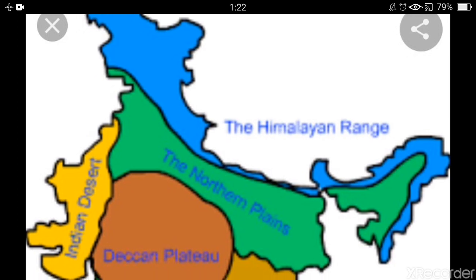The total length of this Himalayan range, from Jammu Kashmir to Arunachal Pradesh, is 2400 kilometers.